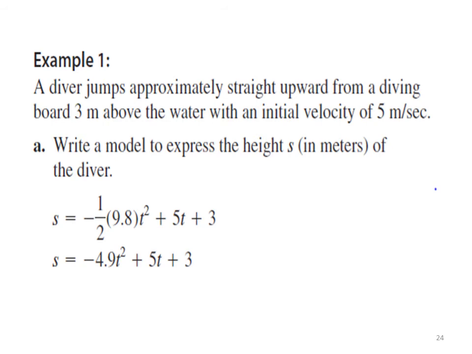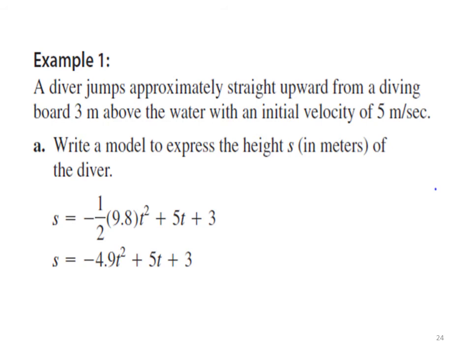For the model, of course, here that we started with, S is equal to -1/2 times G. G here we take the metric system units, 9.8 meters per second squared, times T squared, plus 5 times T, since 5 here is the initial velocity, then plus 3.